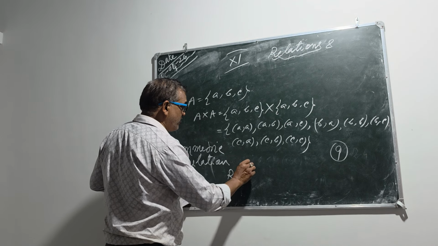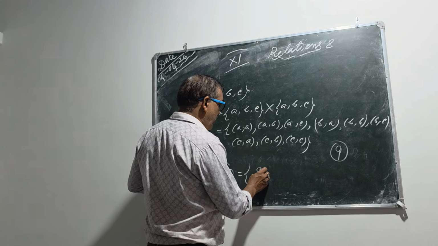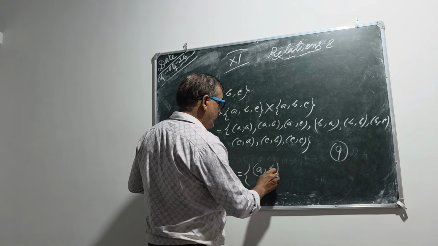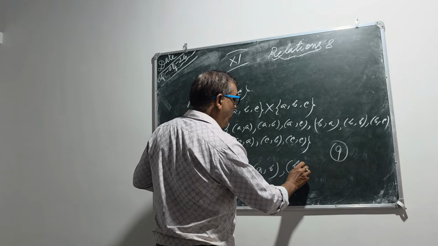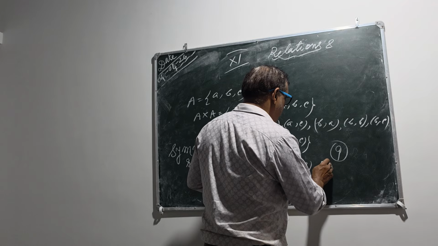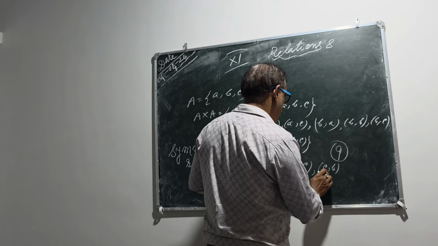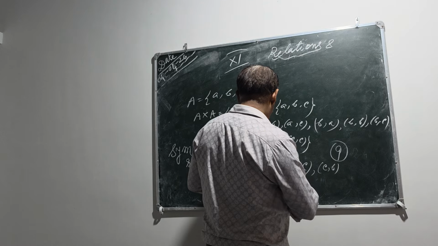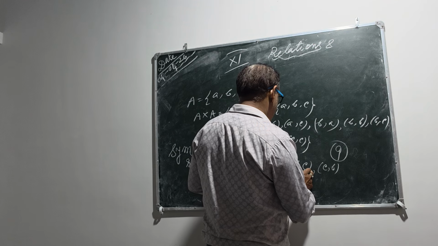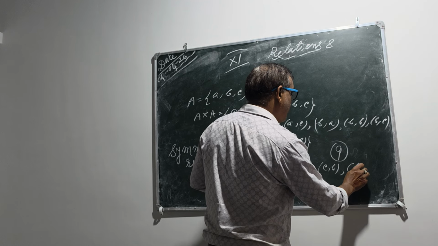Say another relation from A to A such that (A, B) and (B, C), say another element (C, B), AB, BC, CB and BA.